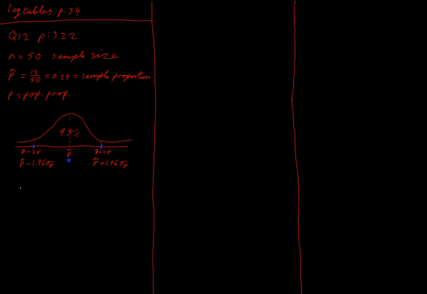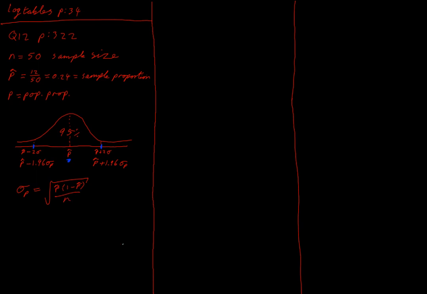So, to find our standard deviation, which for reasons I'm not too clear on, they decided to call the standard error in population proportion questions, it is going to be the square root of p hat times 1 minus p hat, all over n.